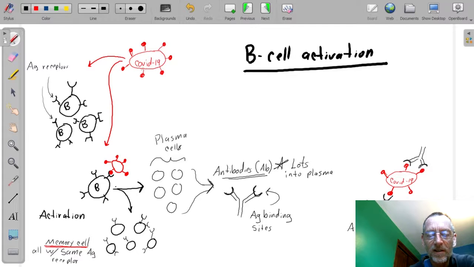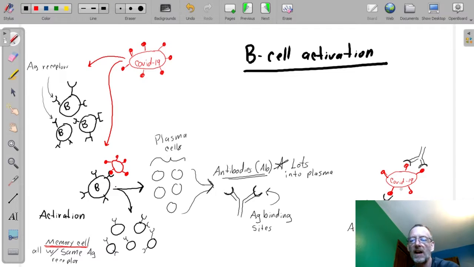Along comes a particular pathogen that happens to be able to bind one of those B cell antigen receptors, causes that B cell to become activated, makes clones, memory cells, and plasma cells. Plasma cells produce the antibody, and the antibody has the same exact antigen binding site as the original B cell. Those antibodies then circulate in the blood and bind to the same antigen.